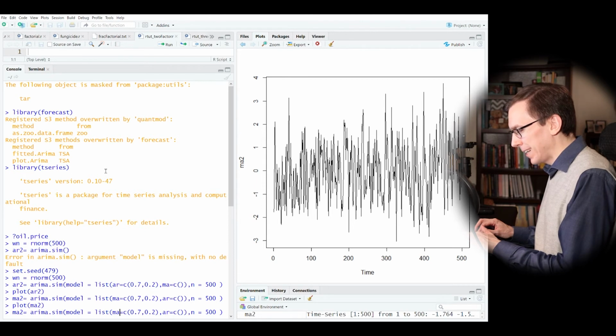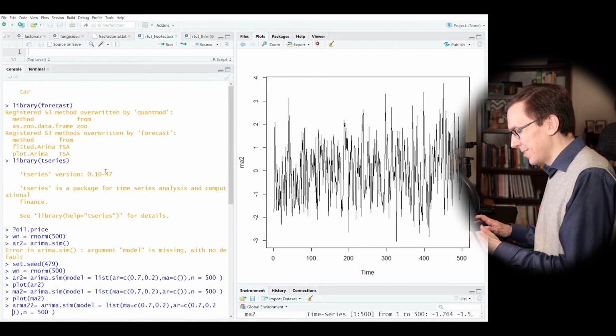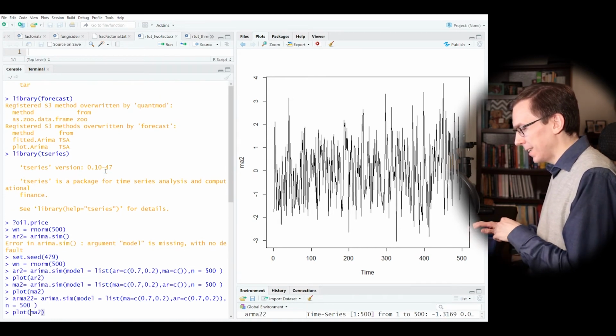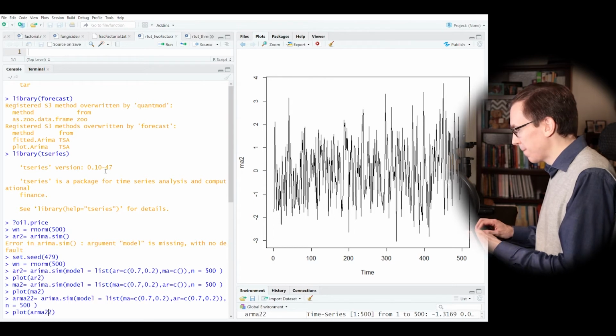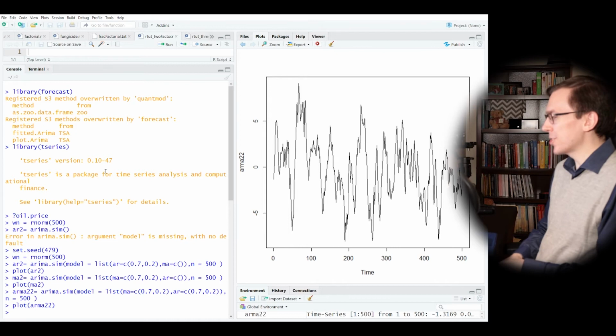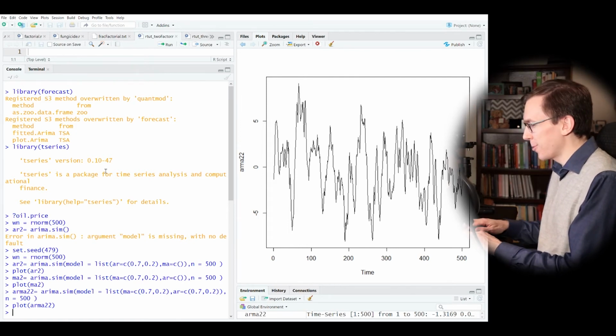And I'll call this ARMA22. And I think I'm just going to use the same coefficients again, but now in both pieces, just for consistency's sake. Let's see what that looks like. It should be like a combination of both of them. So yeah, you get an interesting little random-walk-ish behavior. We'll call it a pseudo-random walk because it's not quite a random walk.